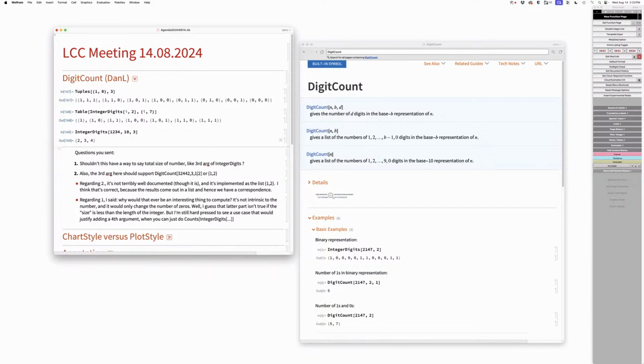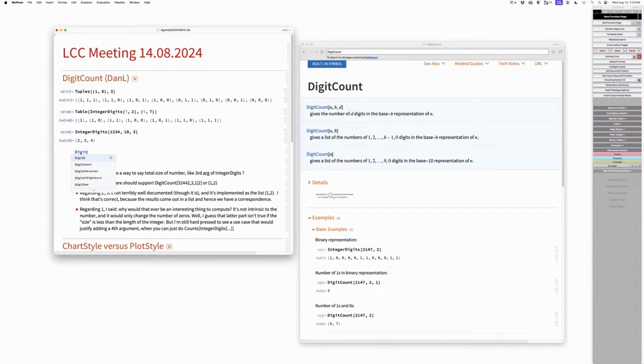Okay, so the maximum value of digit count would be this width argument. Wait, sorry, I don't totally understand. Is it not just the max of the width argument and the current value of digit count? No, because the problem is digit count. Let me show you. Say I say digit count of 7, comma 3 digits, sorry, and base 2.